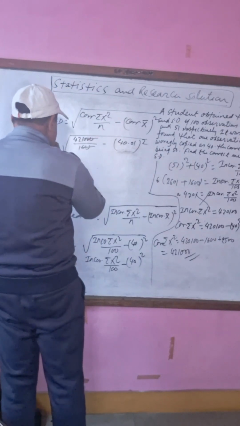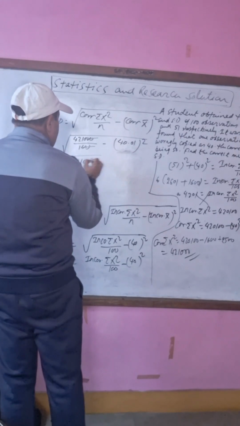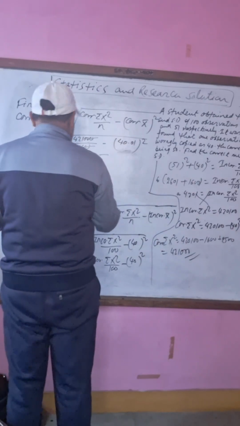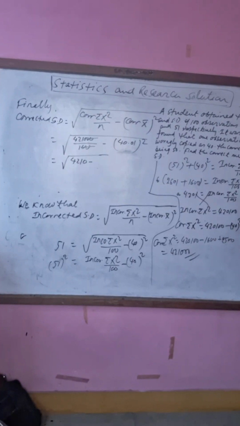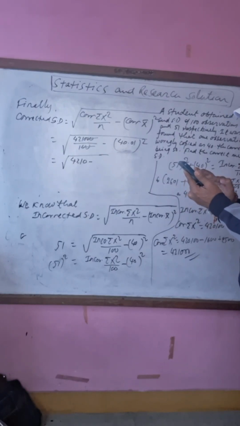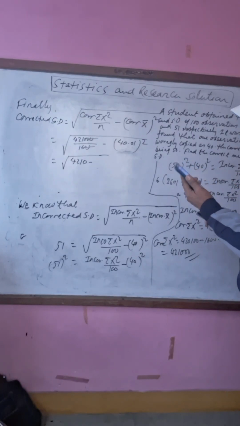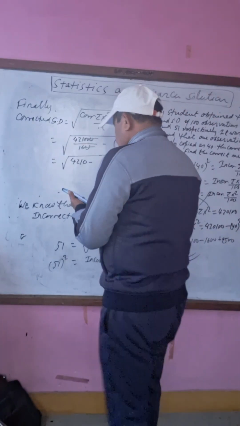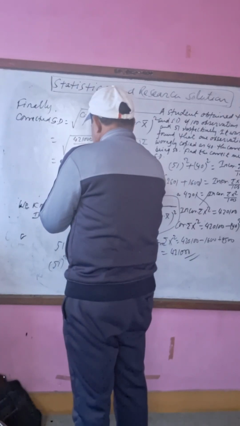This 20 cancels out and you have 4210 minus this one, you obtain the value. 40.01 into 40.01 is 1600.80.